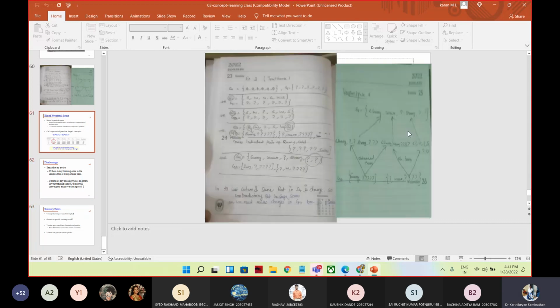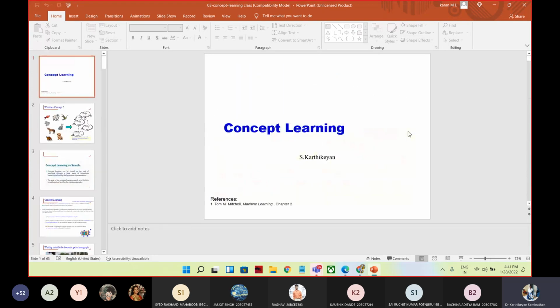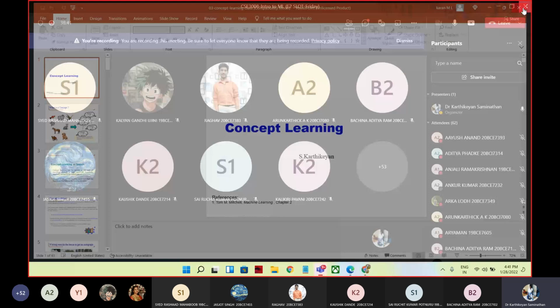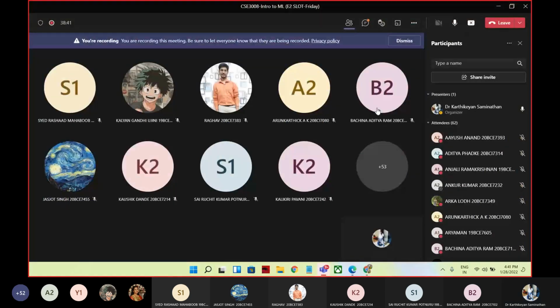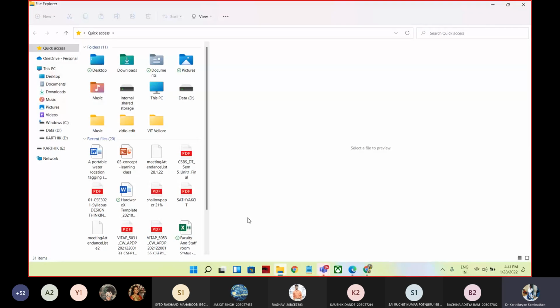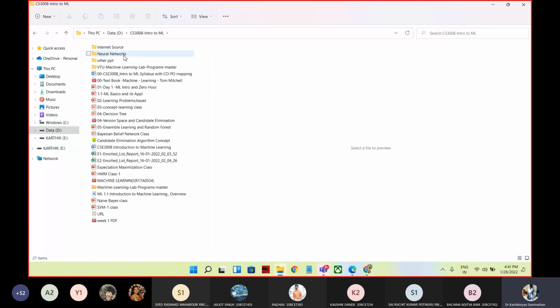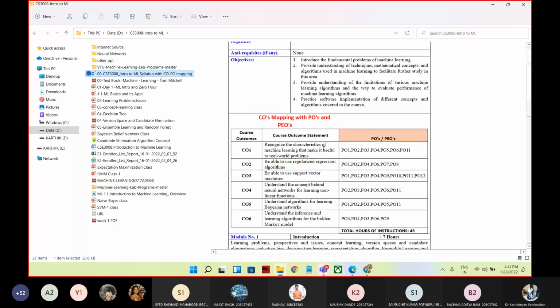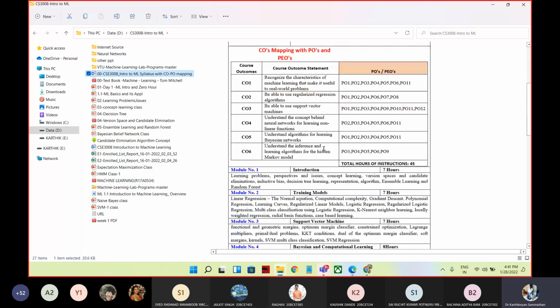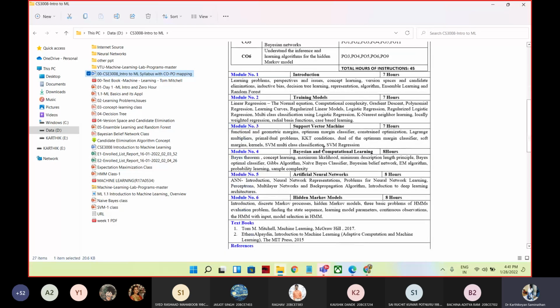The second half of module 1 is the decision tree. Looking at the syllabus: the learning problem, perspectives and issues, concept learning, version space and candidate elimination.